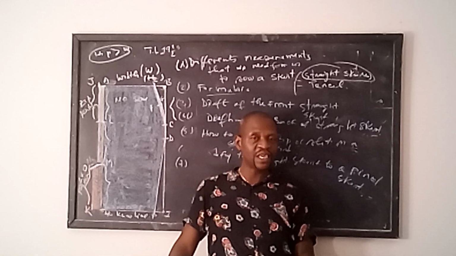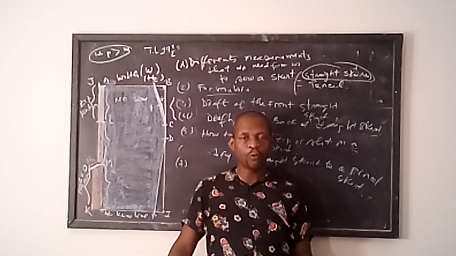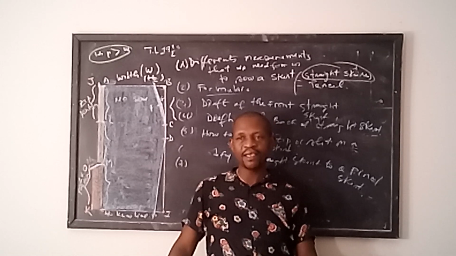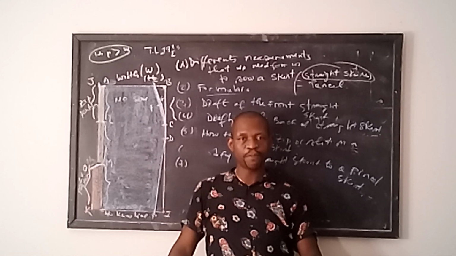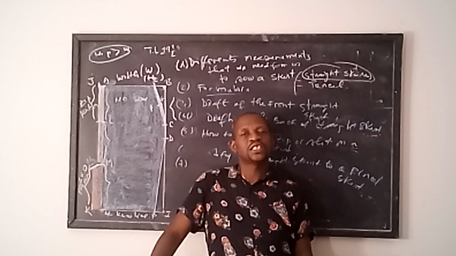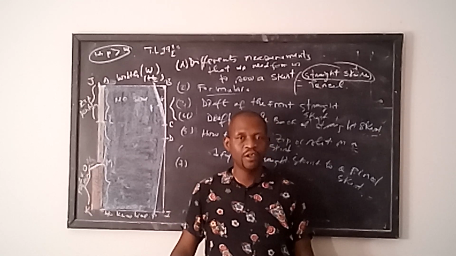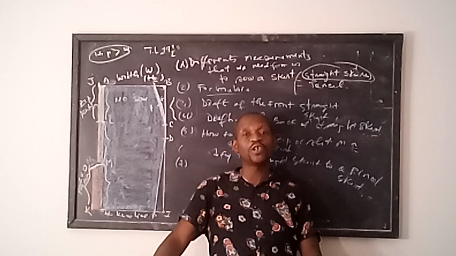In the measurements we've been using here, we don't add the dart allowance to the hip calculation, on the hip formula, because no dart goes through the hip level. The dart is placed on the waist.